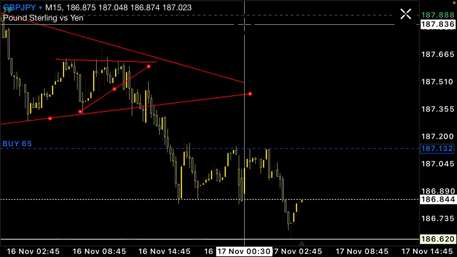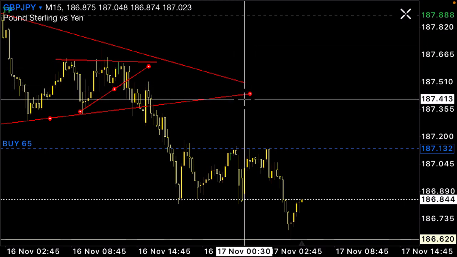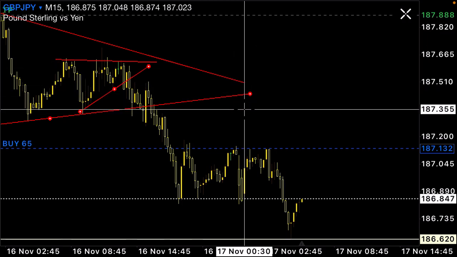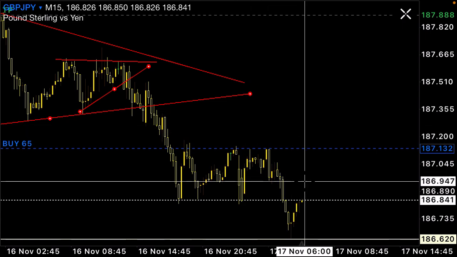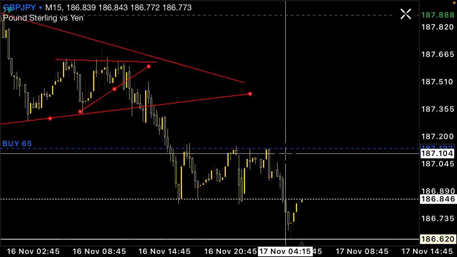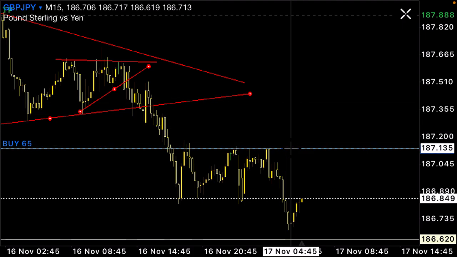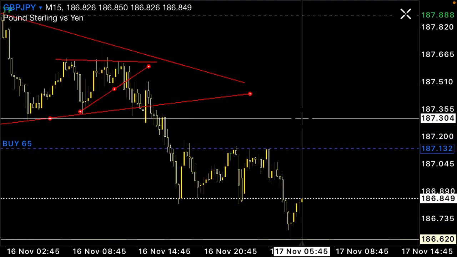See? All this stuff right down here, right in here. It'll come back to where the jumble is, where the line is, where most of the bars are congregated together. But when I placed the trade, it didn't go, and it came down.